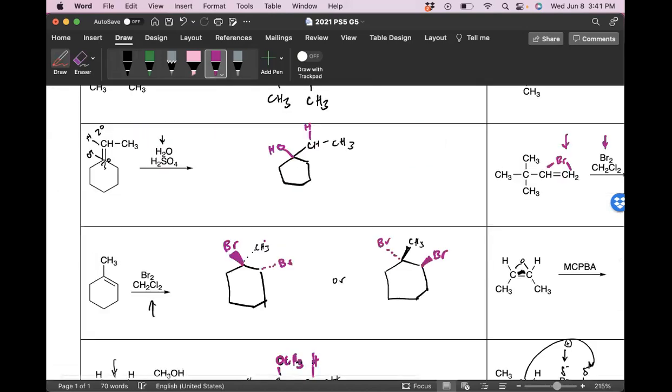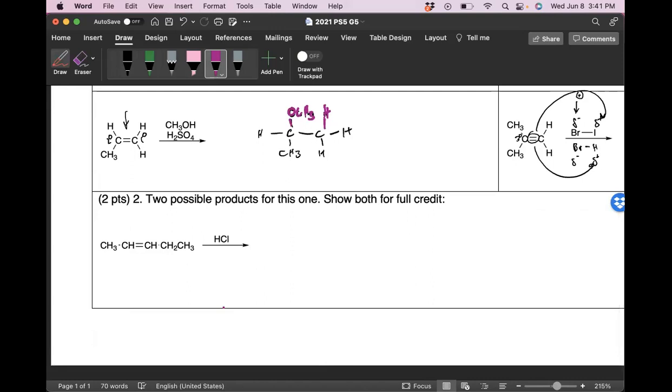Now, this last portion, we have two products, and that makes sense because we have a relatively symmetrical alkene. If we were to expand this, we don't know if it's cis or trans because of the way it's written. However, we do know that either way, we have a secondary. If the alkene is on the same kind of substituted carbon, then there's two possible products.